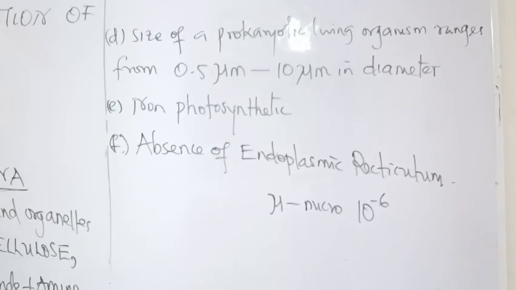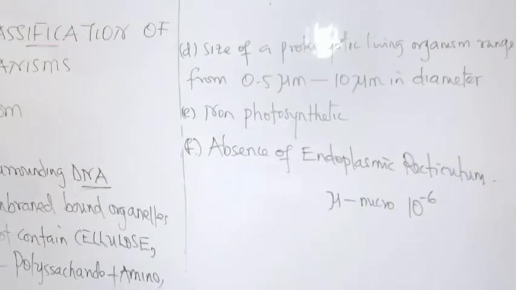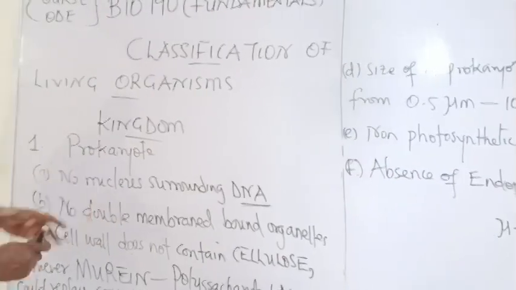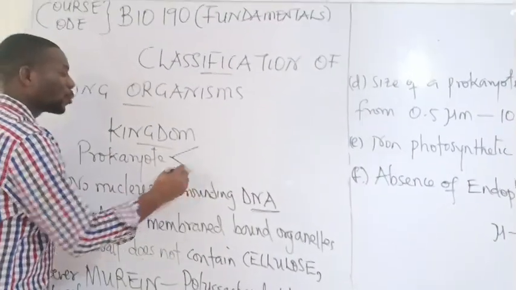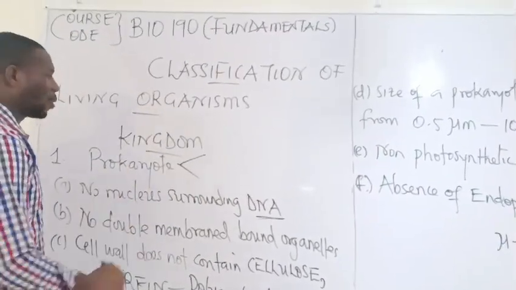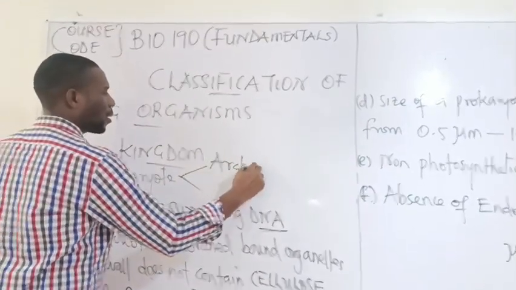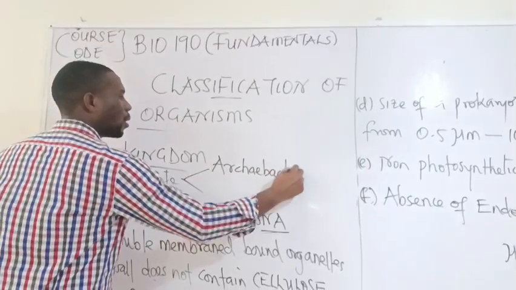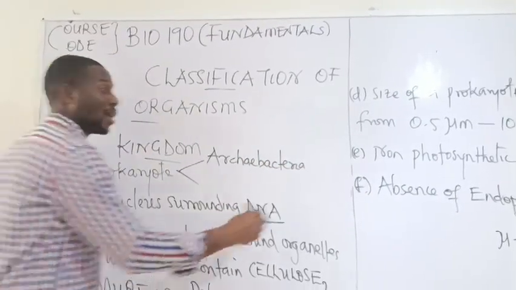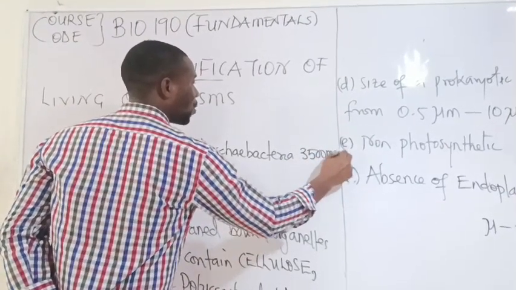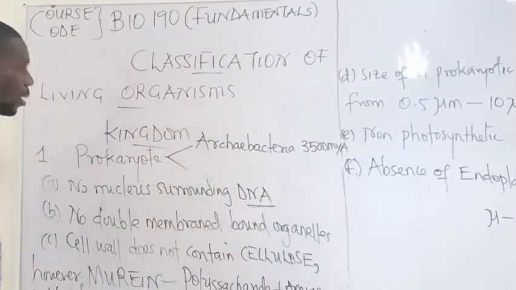And of course, I would now want to switch to the second kingdom. We talked about the fact that you find two groups in this kingdom. The first is the archaea bacteria. These were living organisms that we believe to have evolved 3,500 million years ago, before any other organisms evolved.